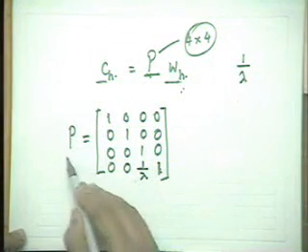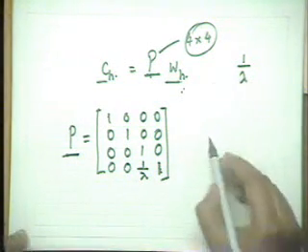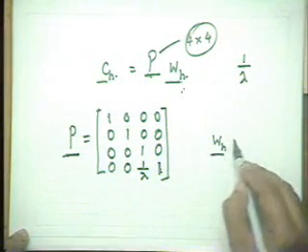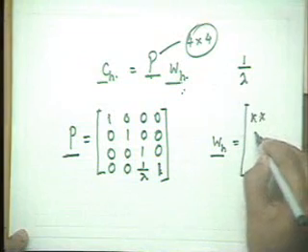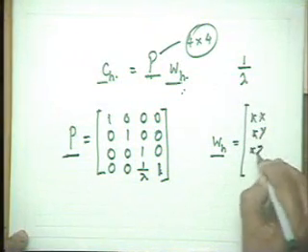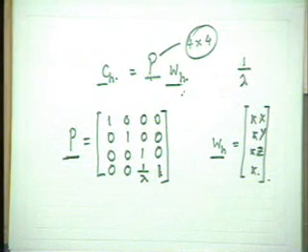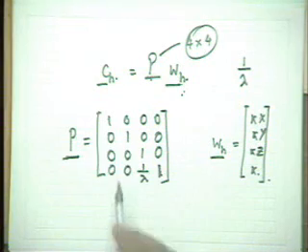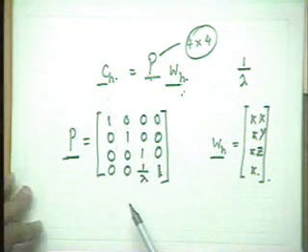If I define my transformation matrix P in this form, the WH vector is already given to me as kx, ky, kz and k. Can you tell me what will be the composition of the 4 by 1 vector CH from this relation?